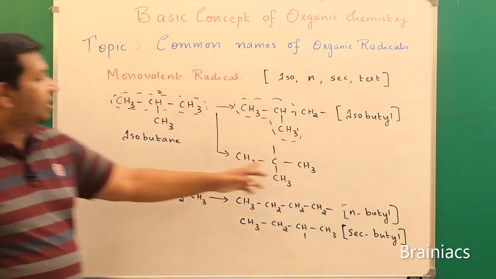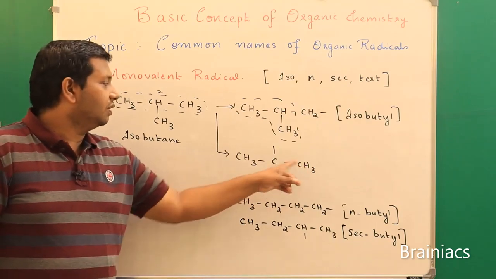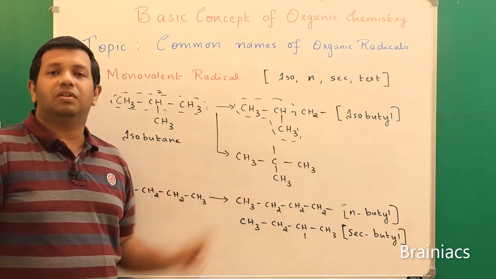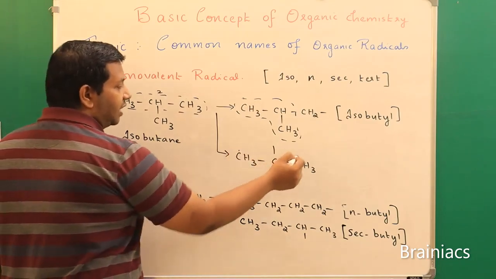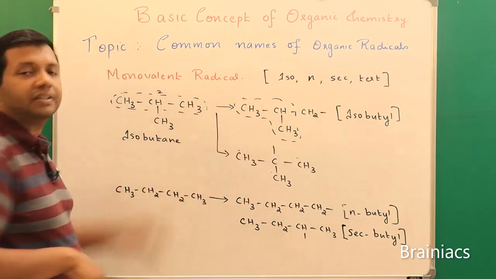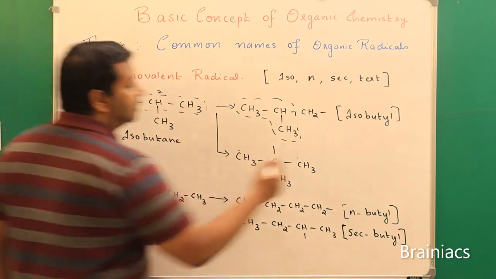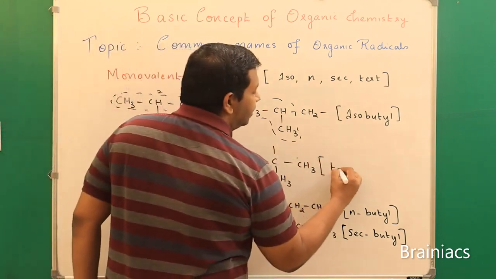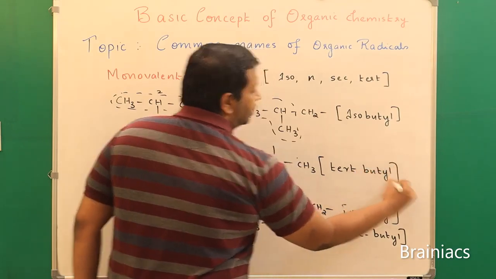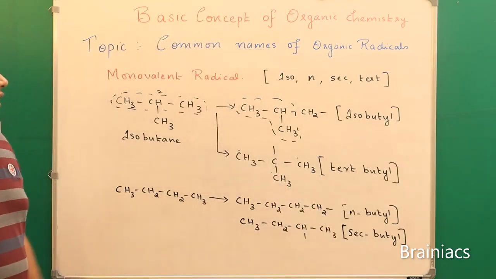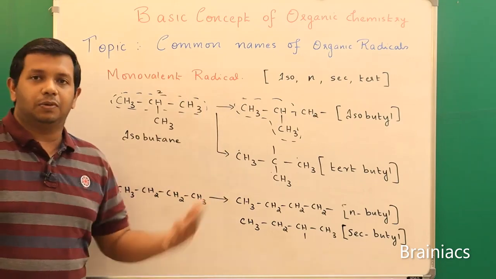It is not isobutyl, because in the second carbon atom there is more than one CH3 group connected. This carbon atom is connected to one carbon, second carbon, third carbon. Since it is connected to 3 carbon atoms, we use the term tertiary and say this is tertiary butyl. Please learn this, it will be helpful for you.